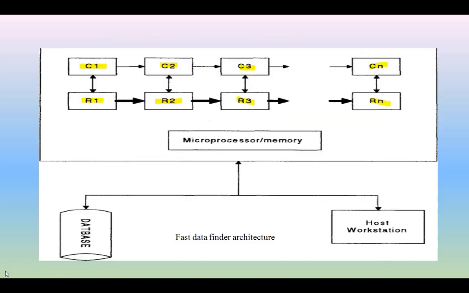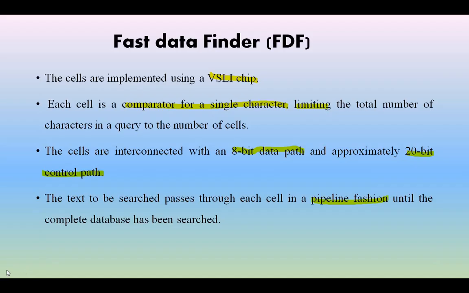Like this, these are stored in a serial manner. Whatever data is extracted from the database can be stored in the register, and that will be transferred to the host workstation. Like this, the fast data finder contains a set of cells connected in a serial manner. These cells are made up of VLSI chips, and they use an 8-bit data path as well as a 20-bit control path.